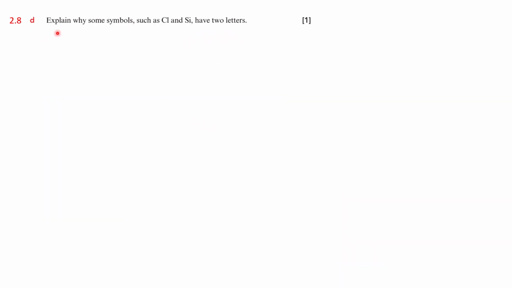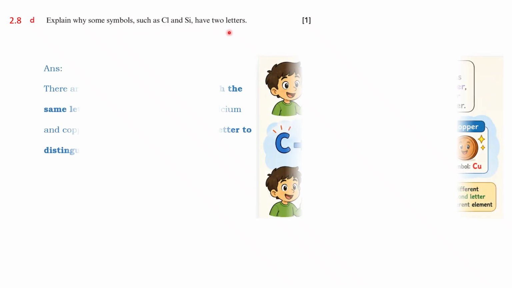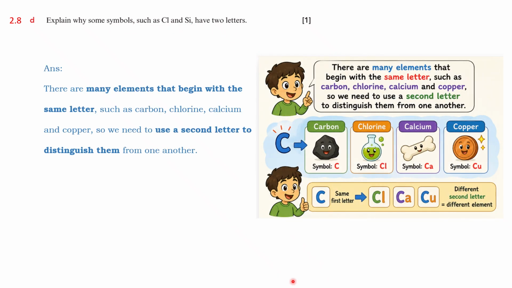Now the next question is explain why some symbols such as chlorine and silicon have two letters. As you can see in this image, there is more than one element whose name starts with C. If I give C as the symbol for all three or four elements, then it becomes difficult for users to understand whether the letter represents carbon, chlorine, calcium or copper.